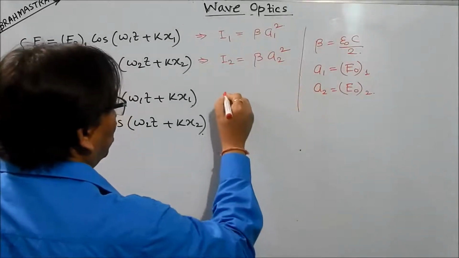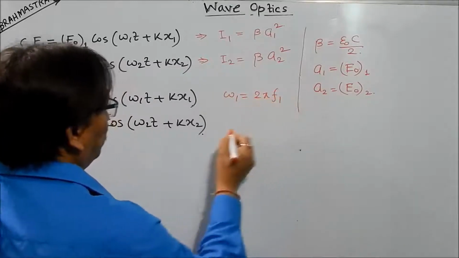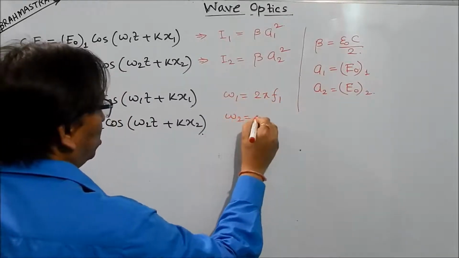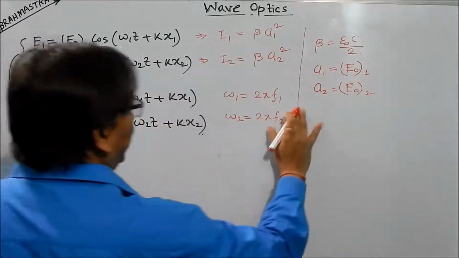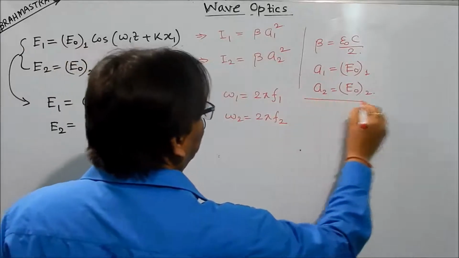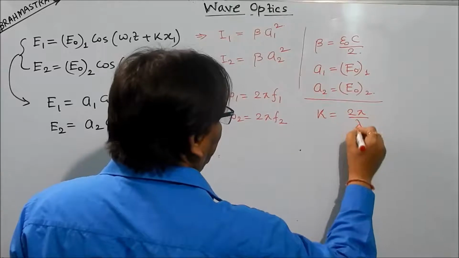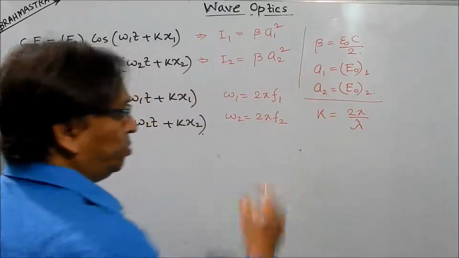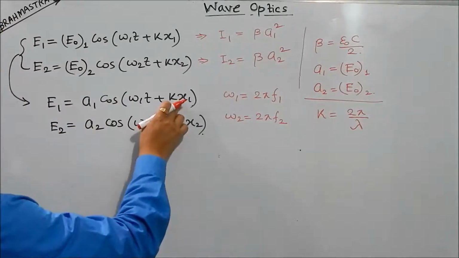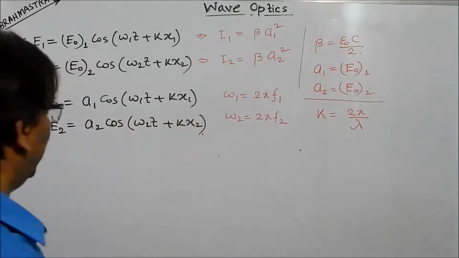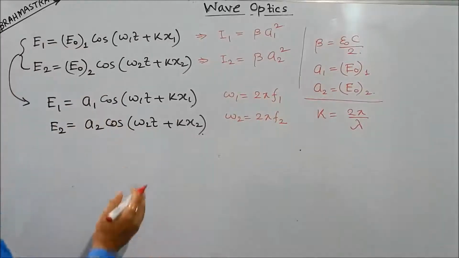Omega 1 is equal to 2 pi times frequency 1, and omega 2 is 2 pi times frequency 2. K is the same for both of them: k is equal to 2 pi by lambda. Lambda is the same because they are from a monochromatic source. One has travelled path x1, another has travelled path x2. So the only difference is in their frequencies.